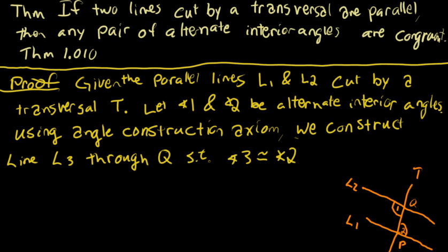So let's see. We have some kind of line, L sub 3, going through Q. So we'll draw that there, and we'll say this angle right here is congruent to angle 2.